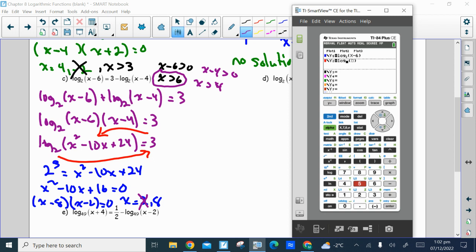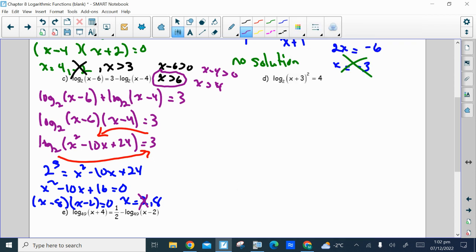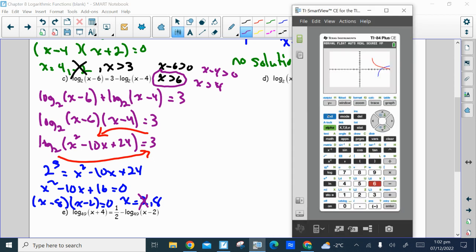And then for the right side, whoops, I forgot the 3 minus this. So let's go to the front. 3 minus log base 2 of x minus 4. So zoom 6 to set our windows to their standard settings. You can see that those two graphs cross. Whoops, and you can find it.